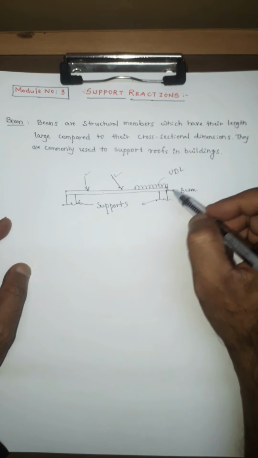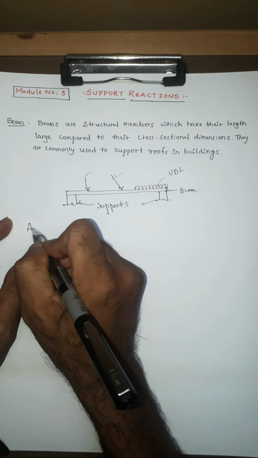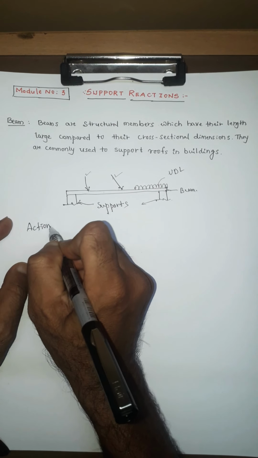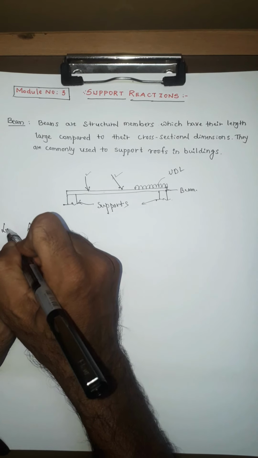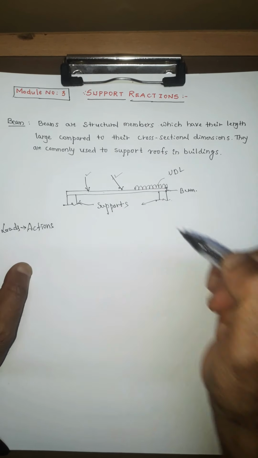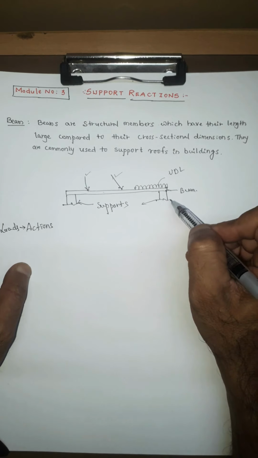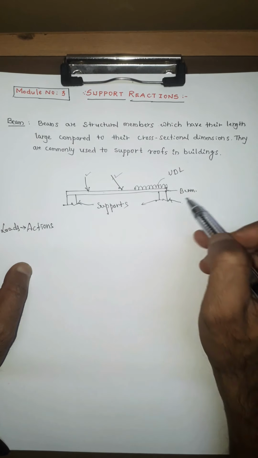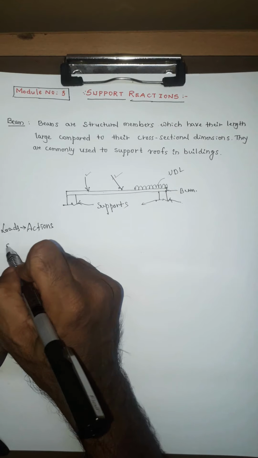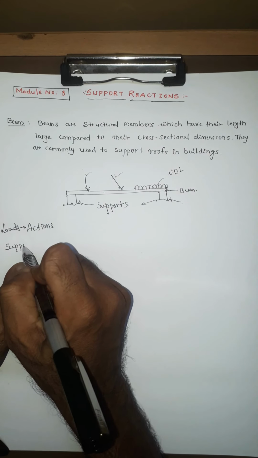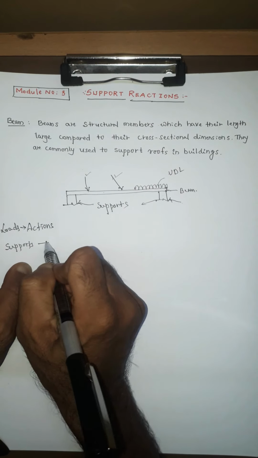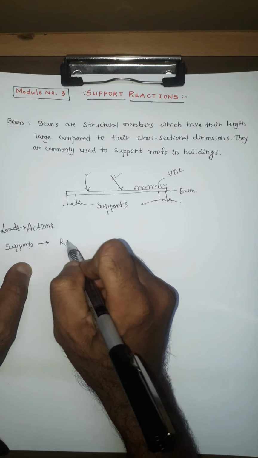Because of this, these loads are called actions, and these loads will be taken by somebody. These loads will be taken by these supports, in the form of the supports giving the reactions.